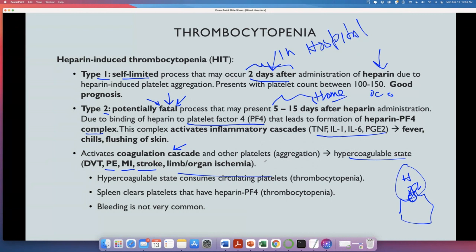Okay, this hypercoagulation will consume all the circulating platelets, so the platelet count will be very, very, very low. Okay, because of the consumption and also because the spleen is clearing all these platelets that have this complex on top of them.